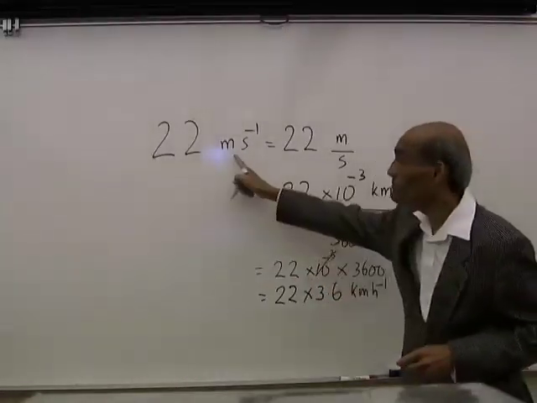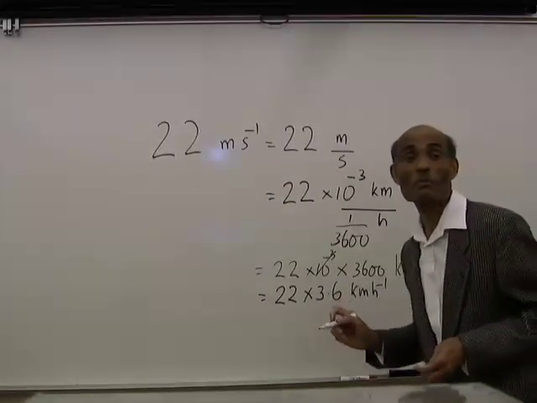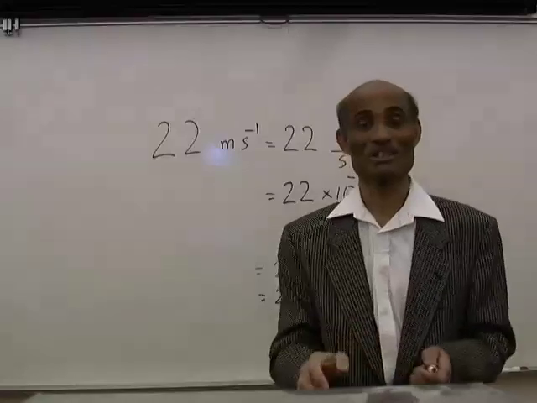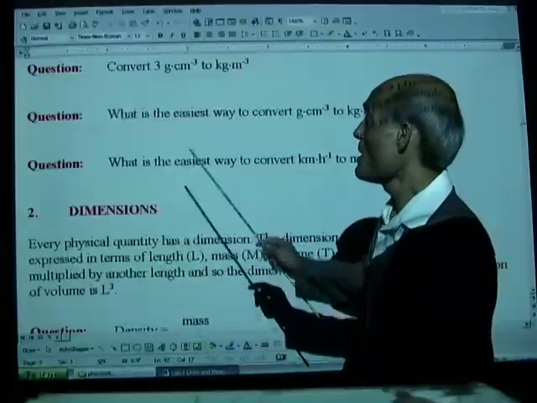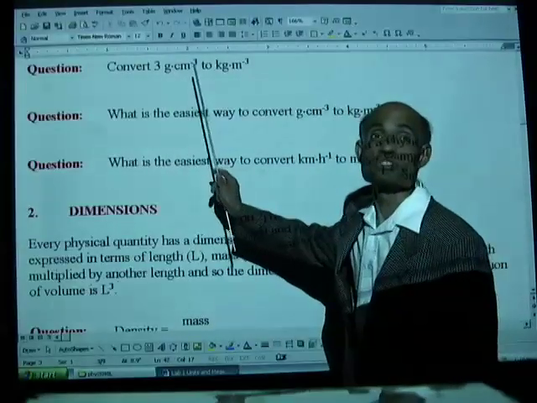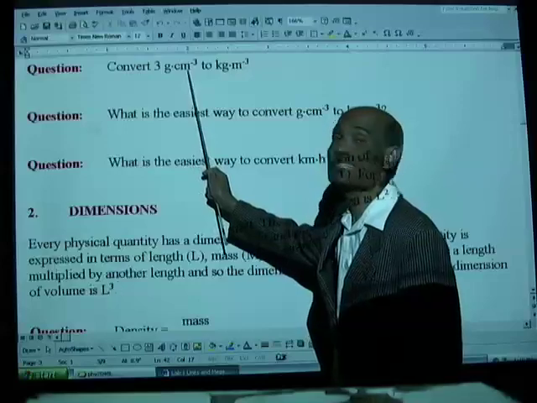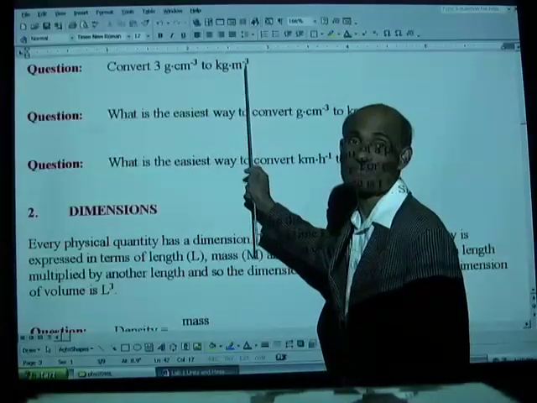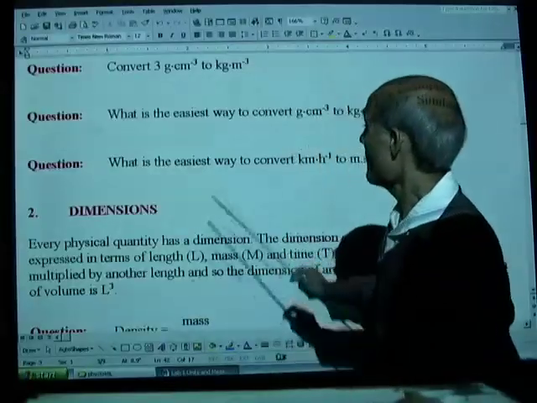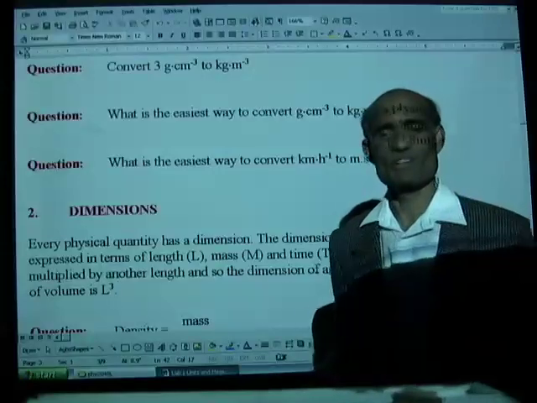And meter per second will become kilometer per hour when you multiply it by 3.6. Okay, don't forget these simple skills. Now, I want you to use the same method to convert gram per centimeter cube to kilogram per meter cube. Alright? Okay, and now let's go and talk about dimensions.